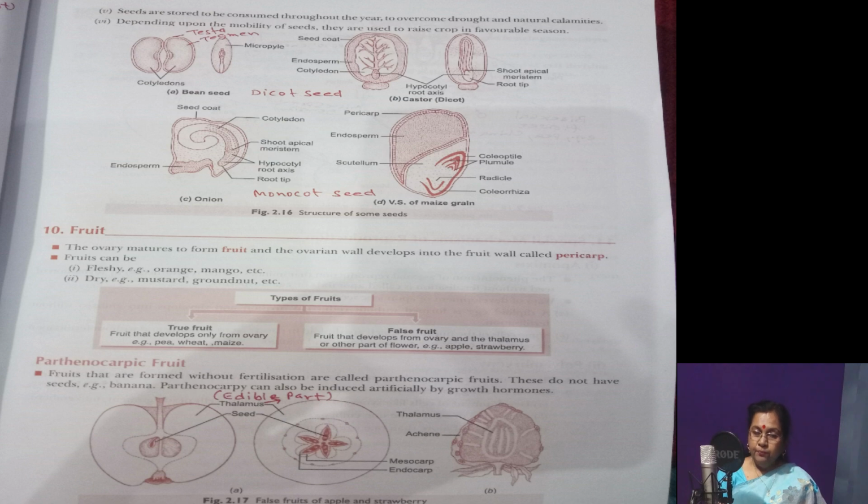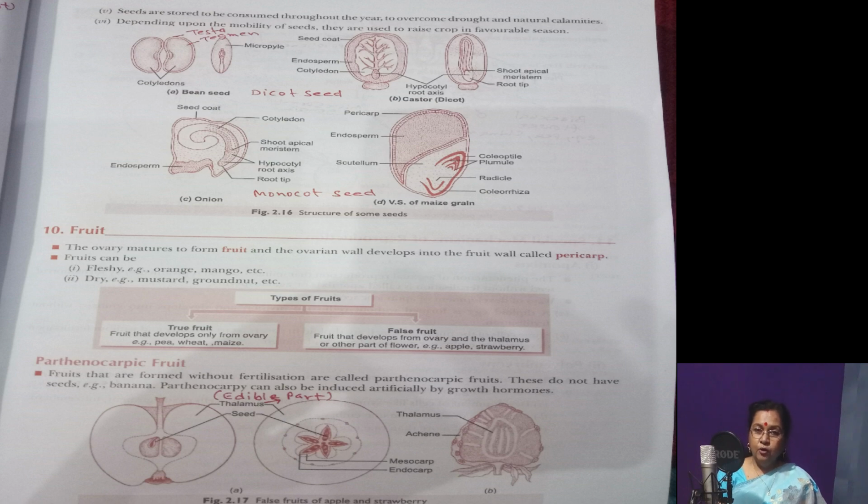For example, apple, banana, maize, etc. Now there are certain fruits which are formed without fertilization and they don't have seeds.